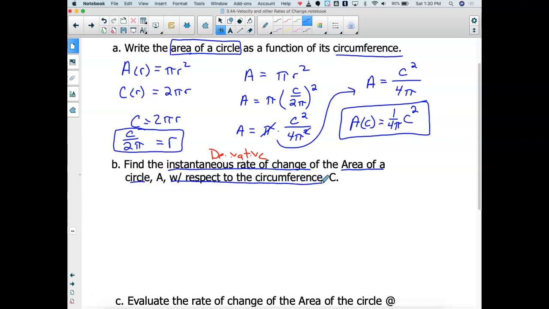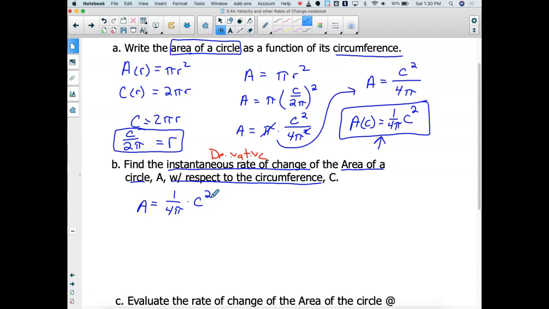Well, that means I would have to have a formula where my area is a function of the circumference of a circle. So let's take our area equals 1 over 4 pi times circumference squared.